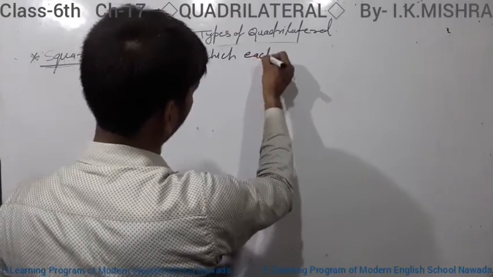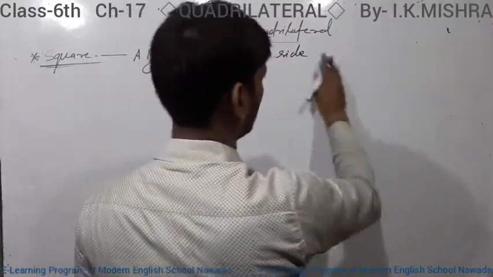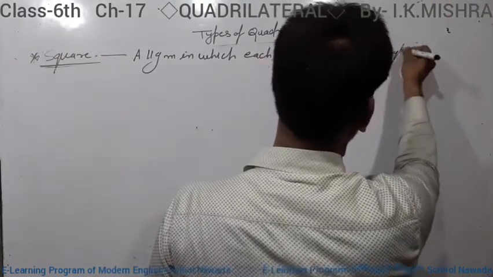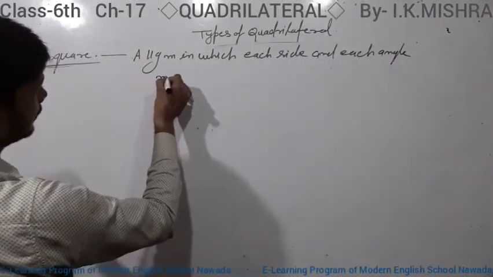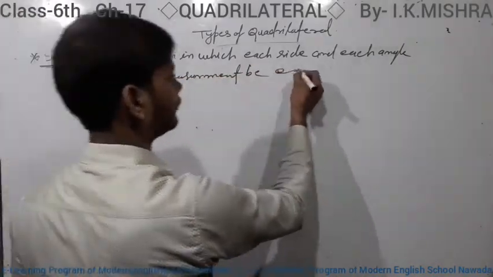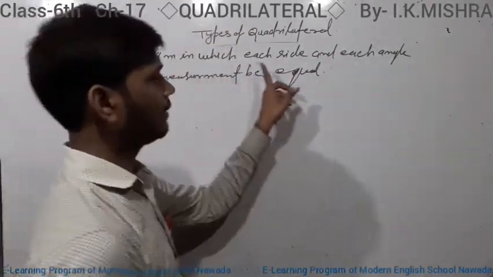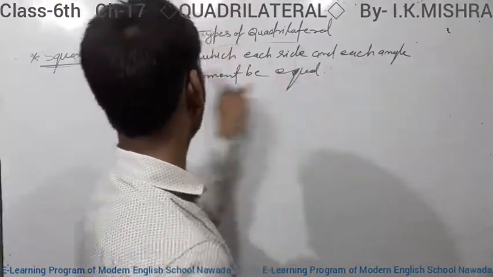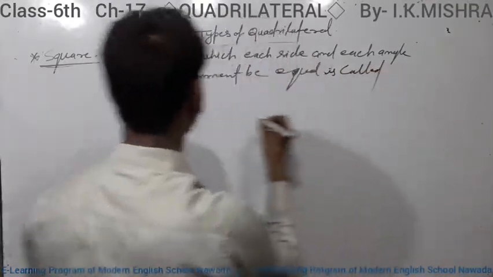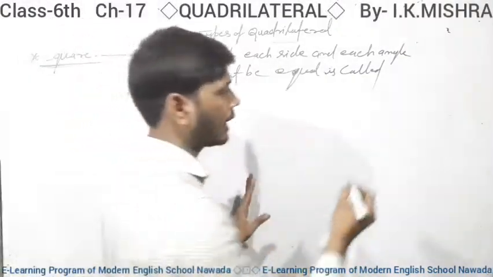A parallelogram in which each side and each angle measurement be equal is called a square. Friends, here I draw a figure.